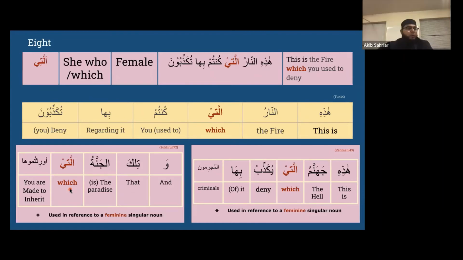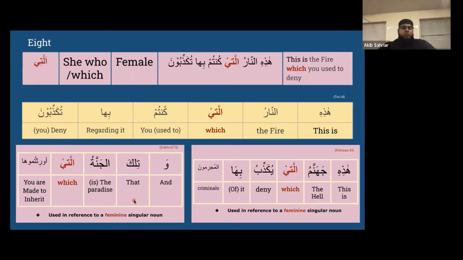And now who's going to be connected to Jannat? Allati urithumuha, that you are made to inherit. So whatever the criteria was before that, being a pious person, following commandments, praying salawat, etc., those people are going to be the inheritors of Jannah. Allah is going to grant them Jannah, basically. So watilkal jannatul lati, that is the paradise which you are made to inherit, right?